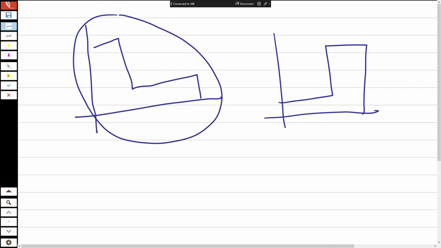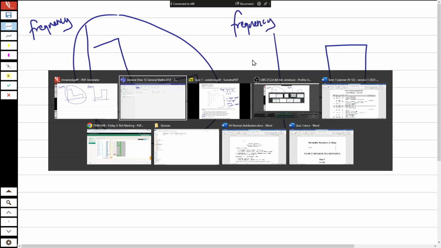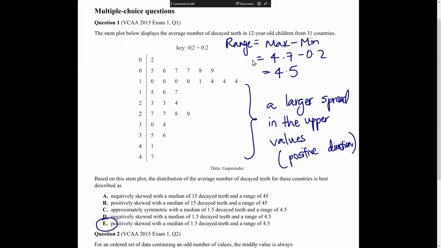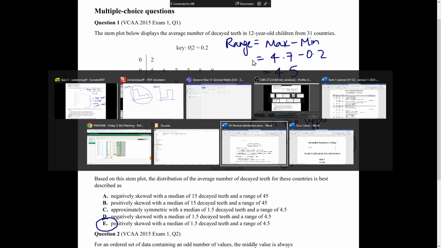So what I want you to do is to match the data that was given to you in the first question to the shape. So the vertical scale is frequency. And then the horizontal scale will be teeth.